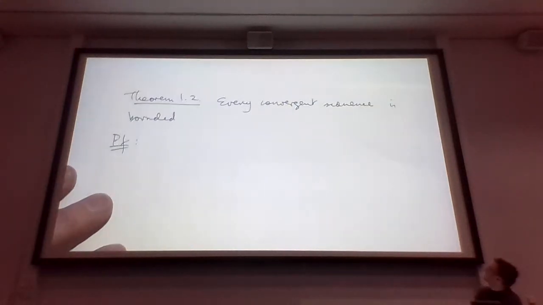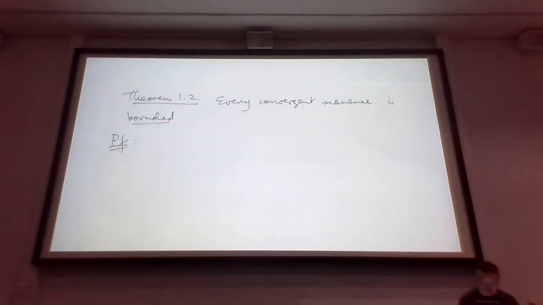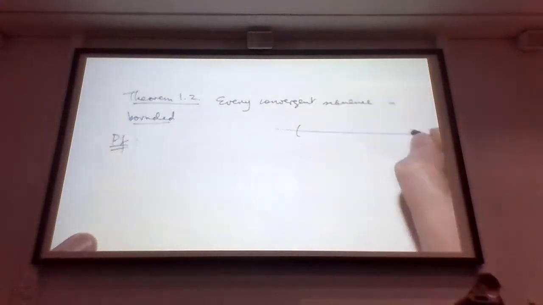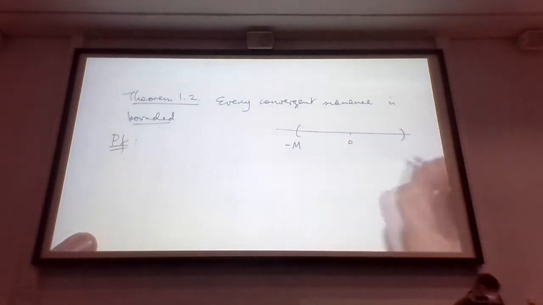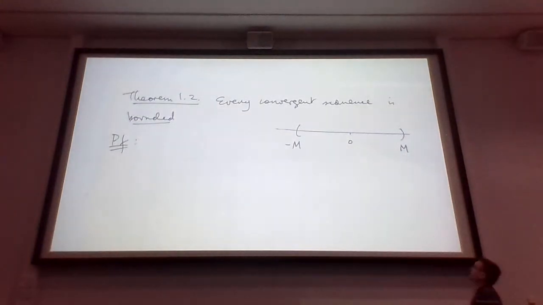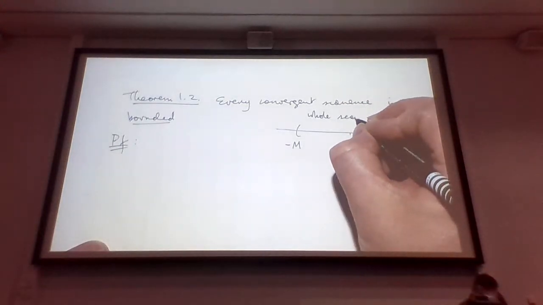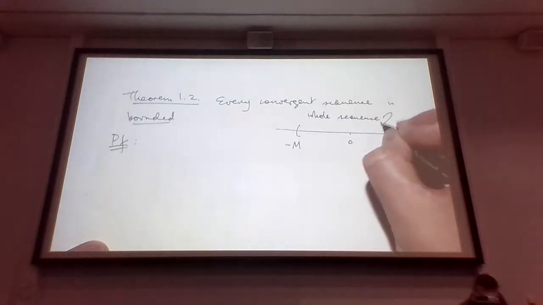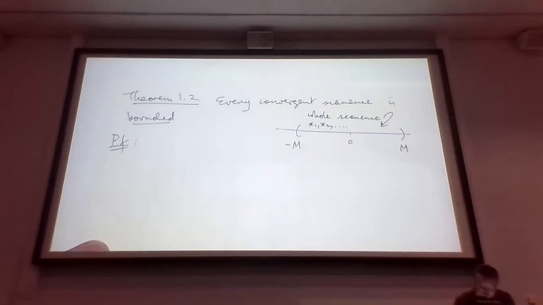Now remember, what's a bounded sequence? We gave the definition. A bounded sequence is one where there exists some number, perhaps a large one, M, and the whole sequence, x1, x2, etc., the whole infinite sequence is contained within that interval.